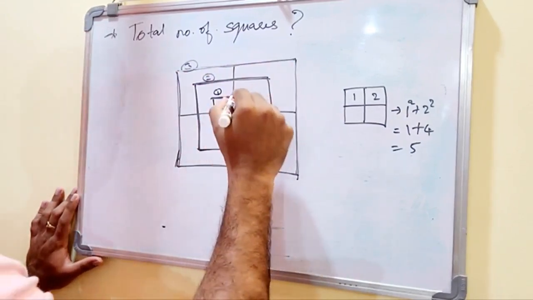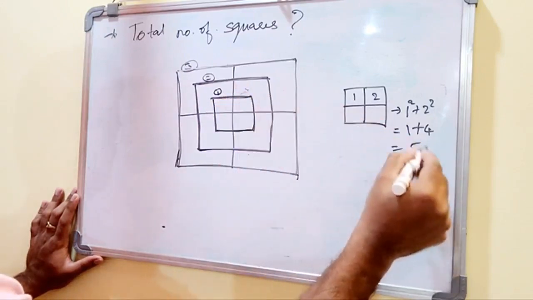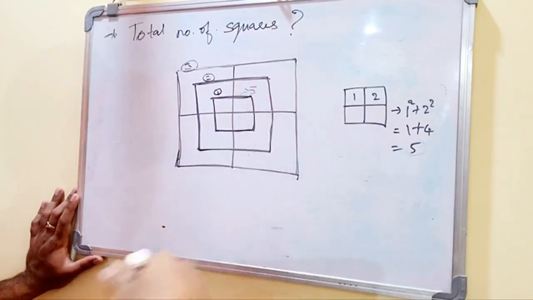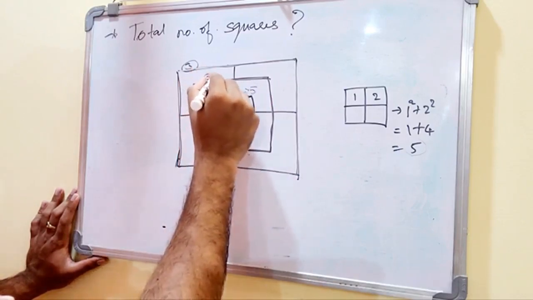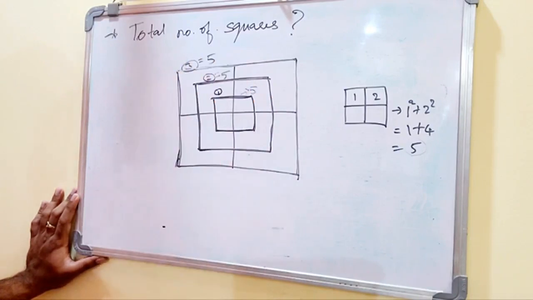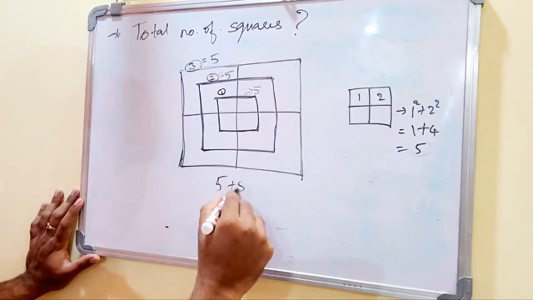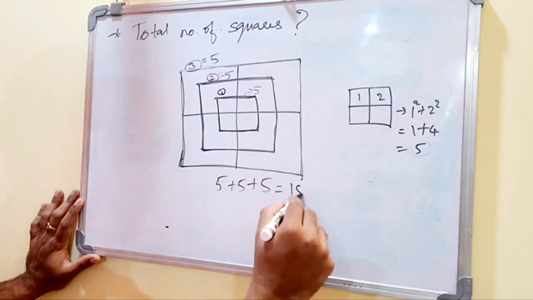So this square contributes to how many squares? 5. This square contributes 5 squares. This square contributes 5 squares. So the total number of squares in the given figure is 5 plus 5 plus 5 is equal to 15.